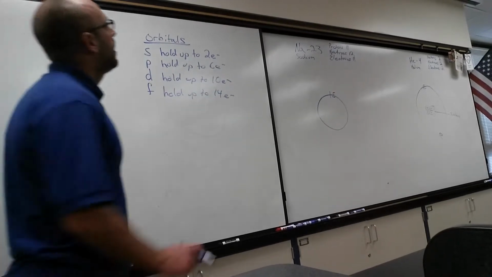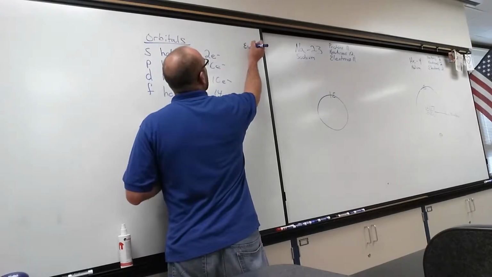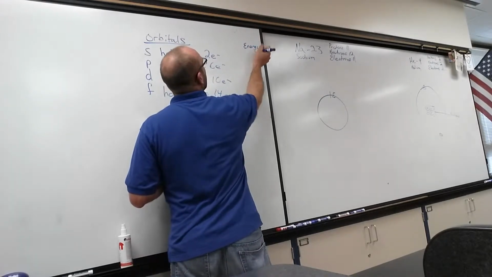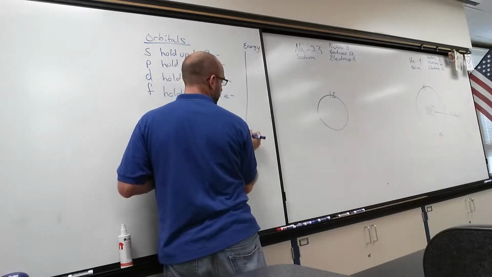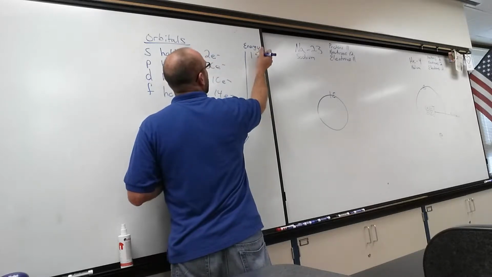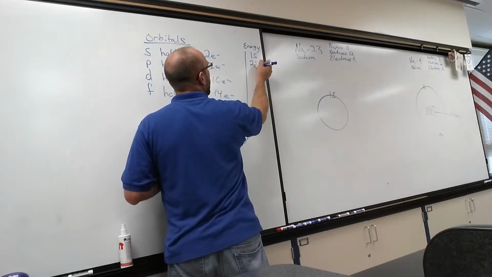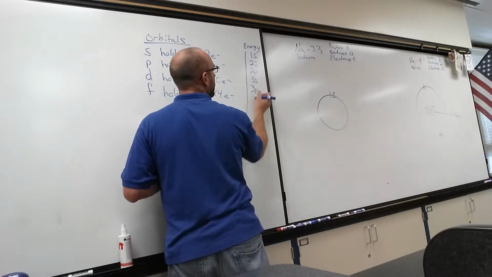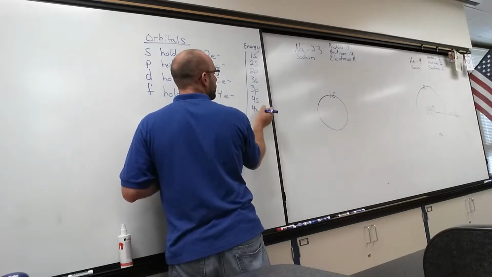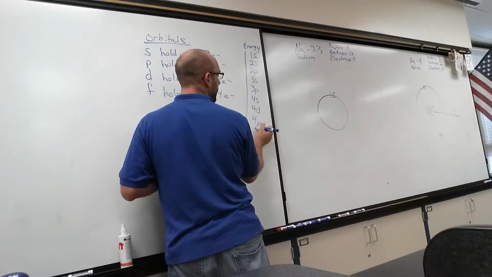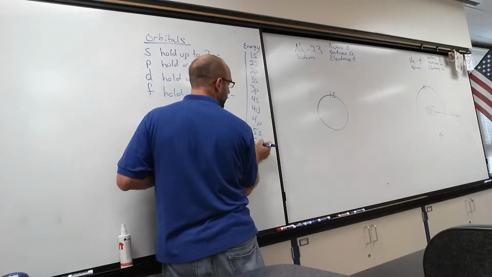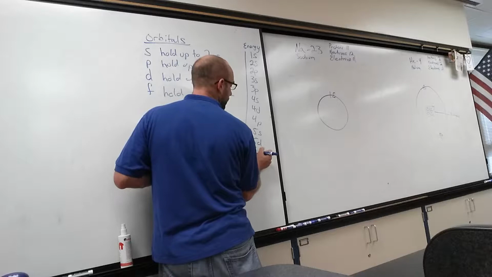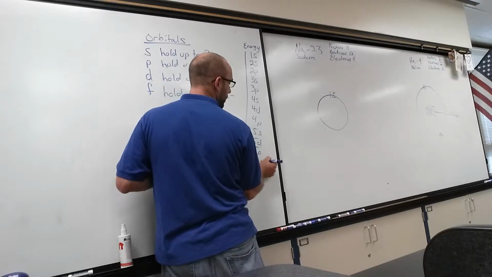The order of energy we're going to say is 1s, 2s, 2p, 3s, 3p, 4s, 4d, 4p, 5s, 5d, 5p, and this continues on.